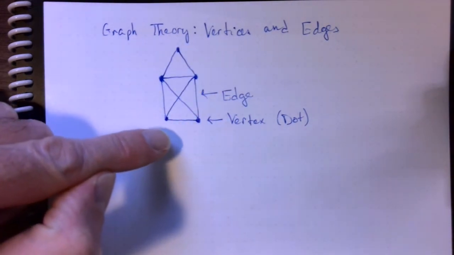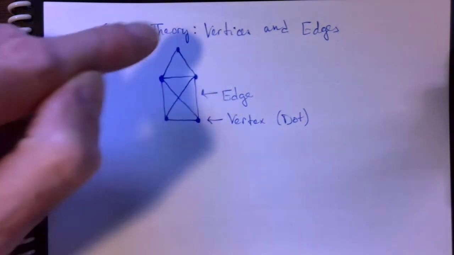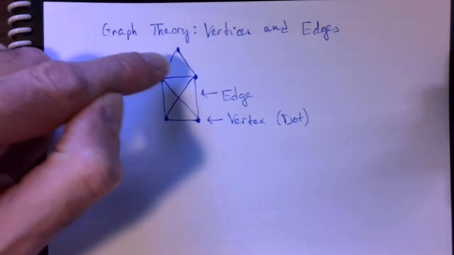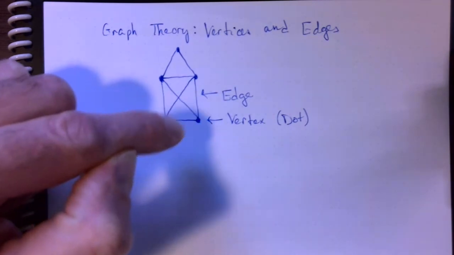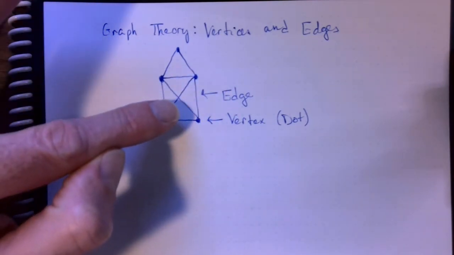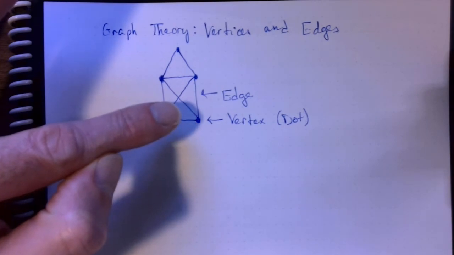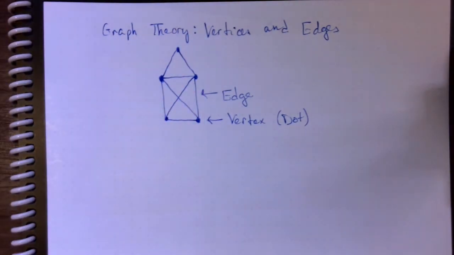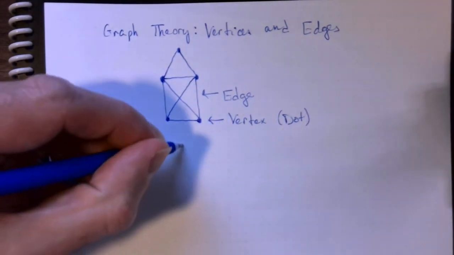Okay, so in this graph, I've got 1, 2, 3, 4, 5 vertices, and 1, 2, 3, 4, 5, 6, 7, 8 edges. There's no vertex right there. The 2 edges cross, but I could do an equivalent graph that doesn't have them crossing.